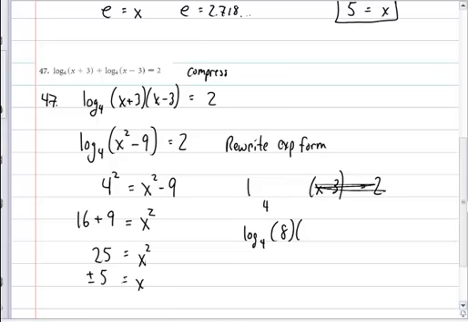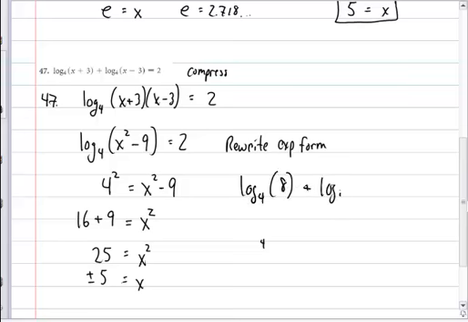You always have to check with the original equation just to make sure that you didn't make any mistakes along the way. So we have log base 4 of 8 plus log base 4 of 2. Does that equal 2? When you do that, you get log base 4 of 16 is equal to 2, and that checks out.